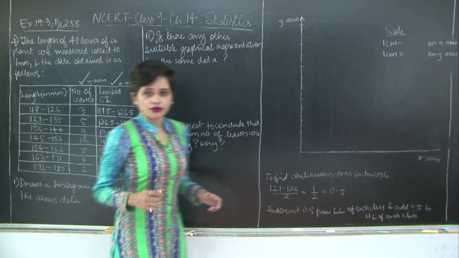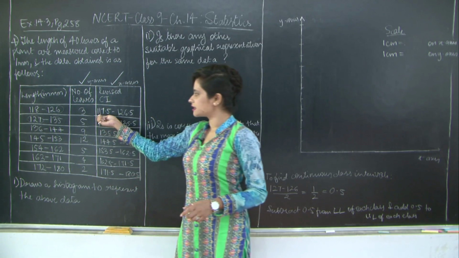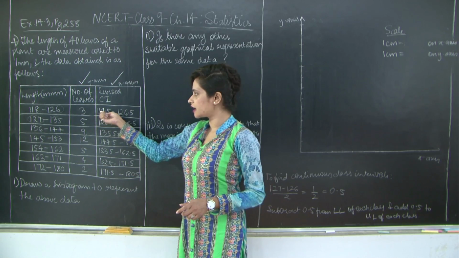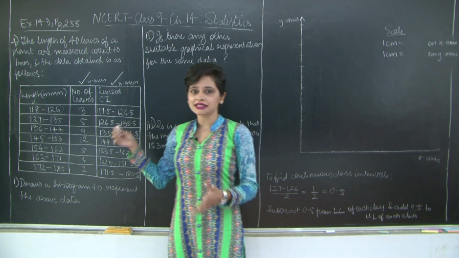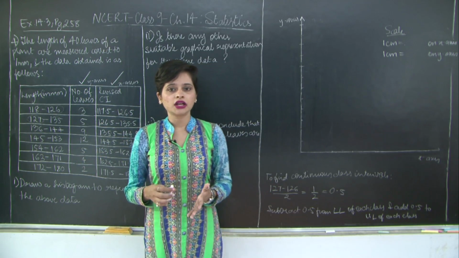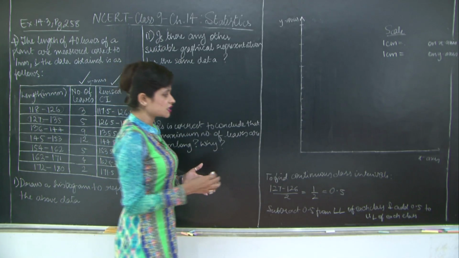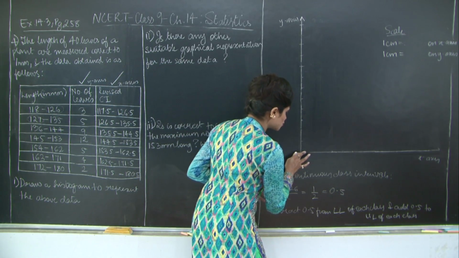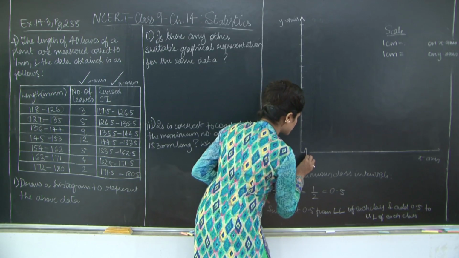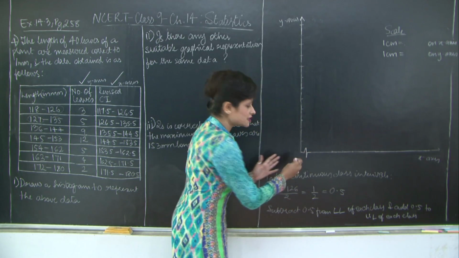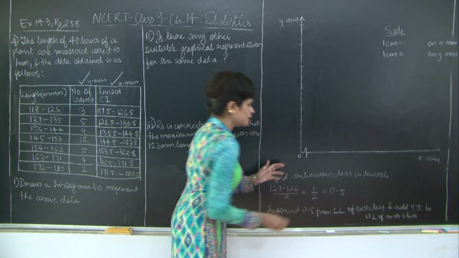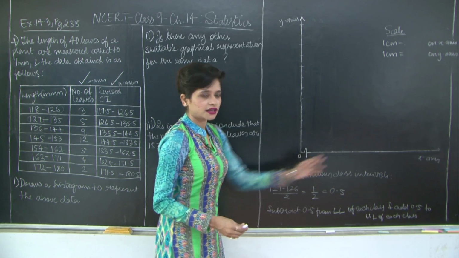Now, if you notice, we have the starting class as 117.5. It isn't really starting from 0. So what we learned in histograms is that we are going to insert a kink. A kink is used to show a break, that there are other numbers between 0 and the consecutive numbers.